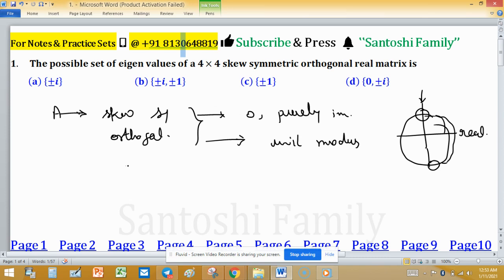It means for a skew-symmetric matrix, the eigenvalue may be 0 or purely imaginary. In option A, there is no 0 eigenvalue.